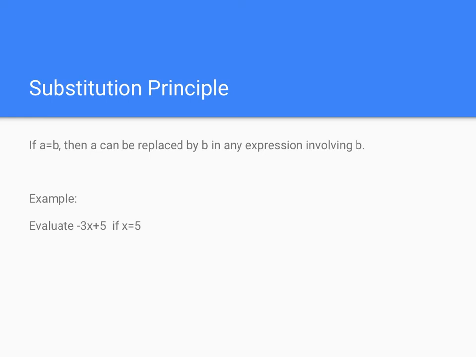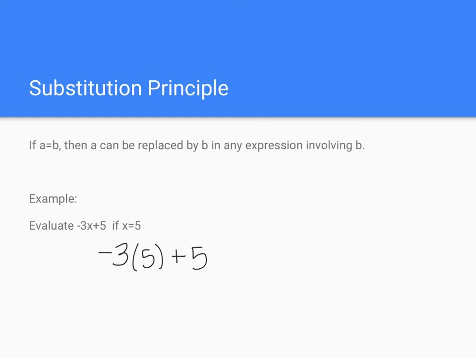For example, here we are asked to evaluate negative 3x plus 5 if x is equal to 5. We can use that substitution principle, and instead of the x, we can replace that x with a 5 and then add the 5.